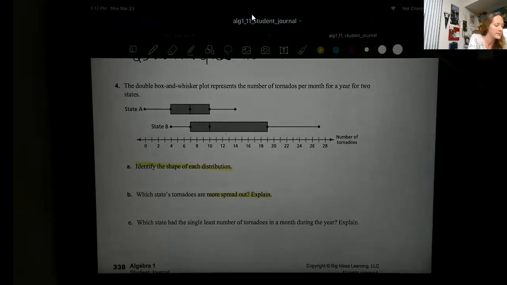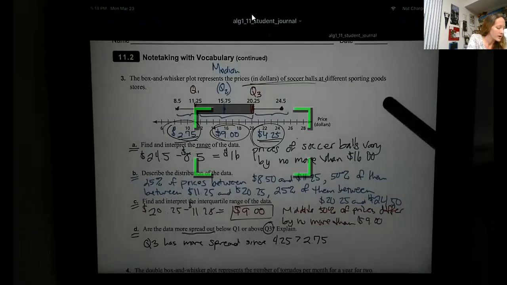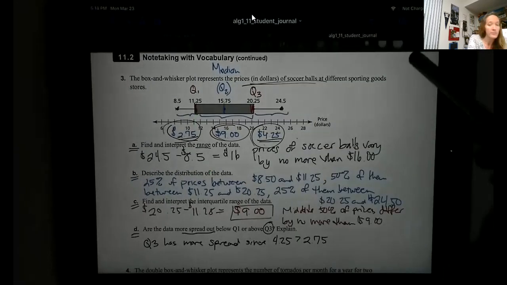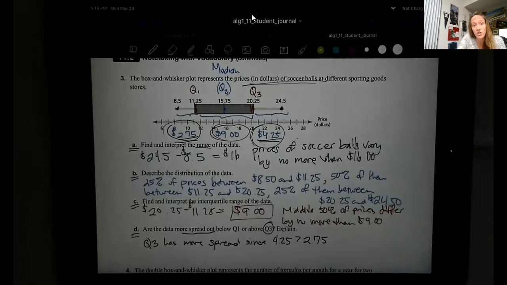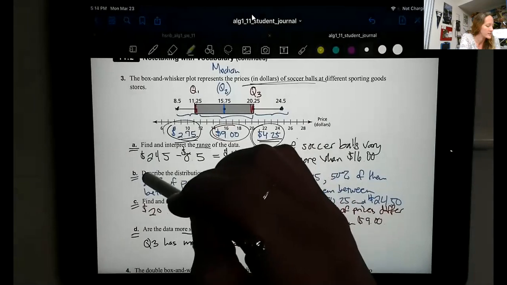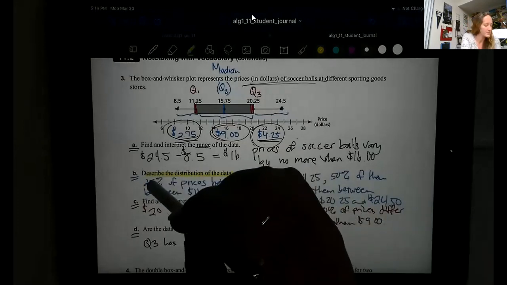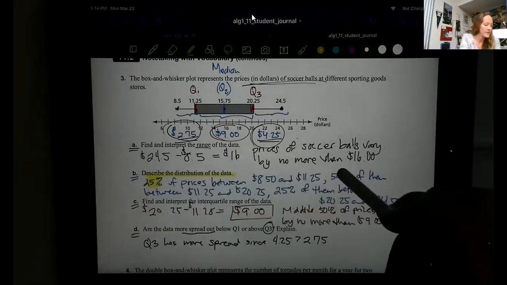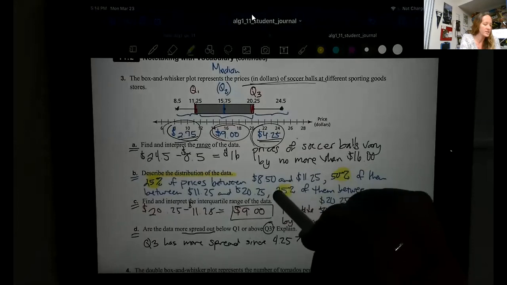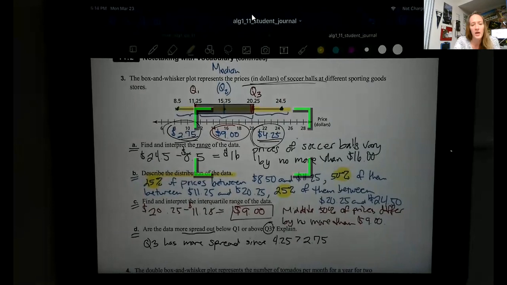Yesterday, when we were asked about the box and whisker that we were given, they were asking us to describe, which you would think describing is giving the shape, right? But not necessarily. When it says describe the distribution, it's just asking us to talk about that 25%, that 50%, and then that other 25% of data: a whisker, then the box, then the whisker, and where those fall as far as the prices of the soccer balls.